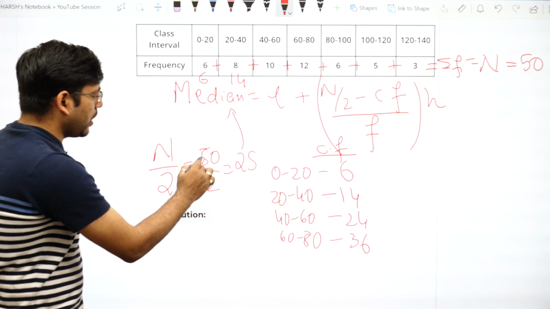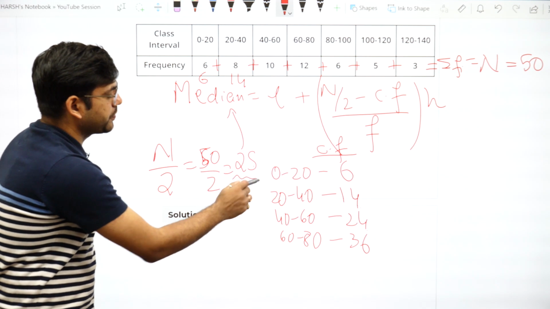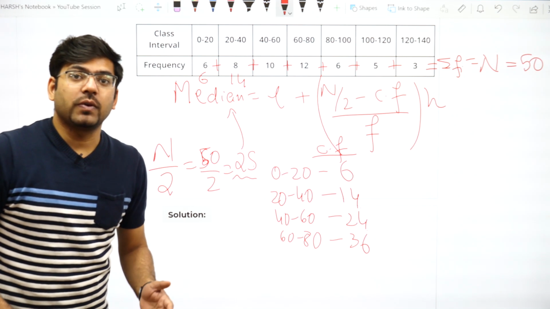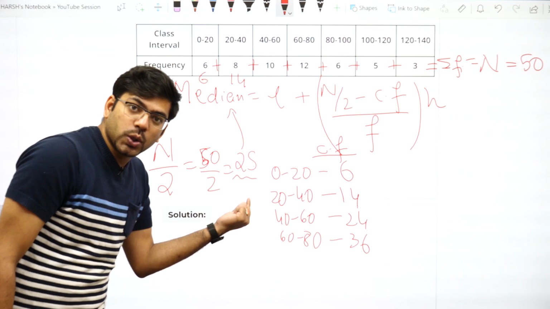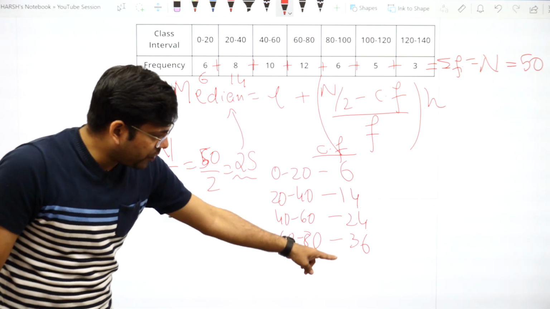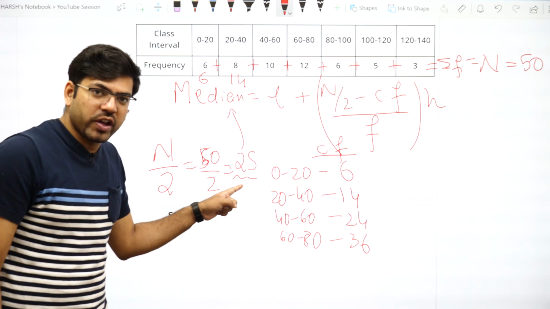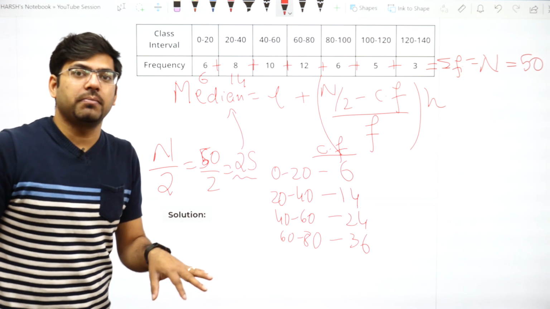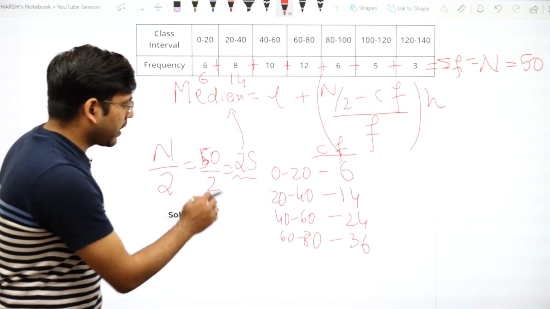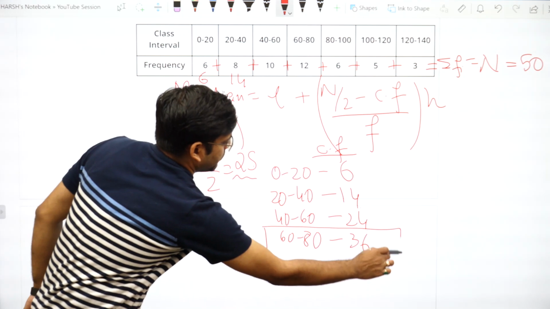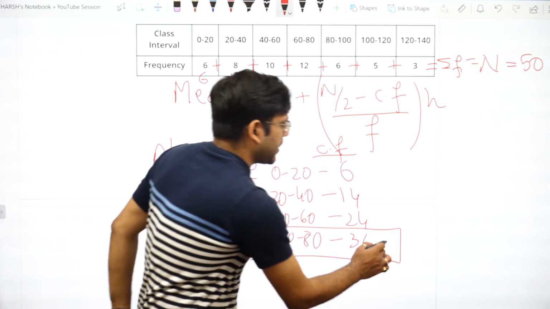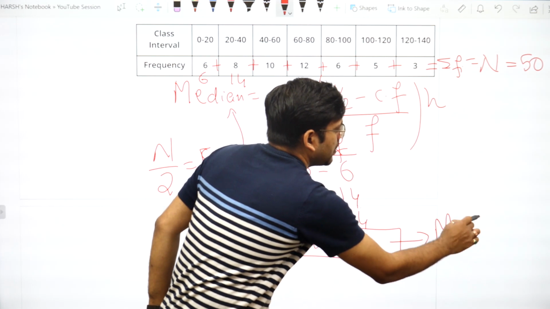First of all, when you have the value of n by 2, that is 25, in the cumulative frequency, find a value which is equal to 25 or just greater than 25, meaning the next value. Here we are not getting any 25, so the next value greater than 25 is this 36. So this class will become your median class.